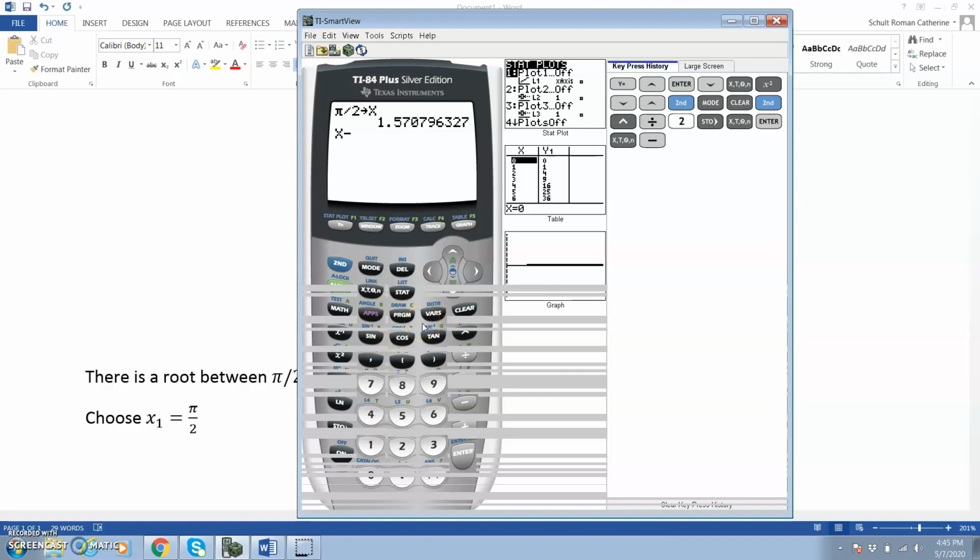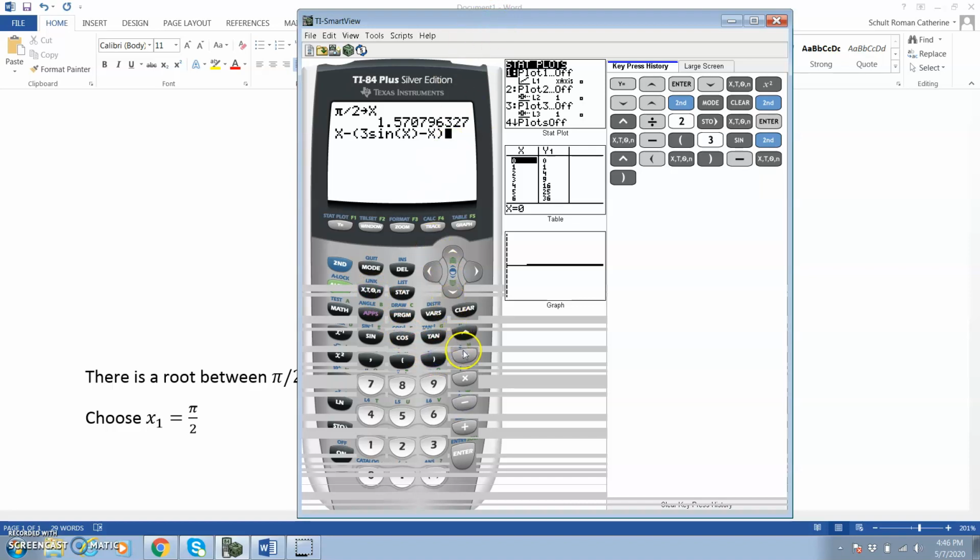Okay, and I'm going to need parentheses around my numerator. So parentheses 3 sine of pi over 2. Oops, I take that back. Don't hit pi. Hit x. 3 sine x minus x. Okay, and then that is our function f.